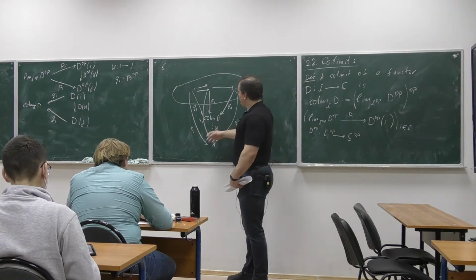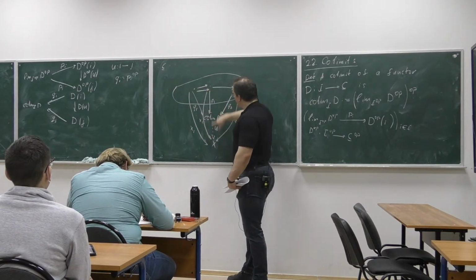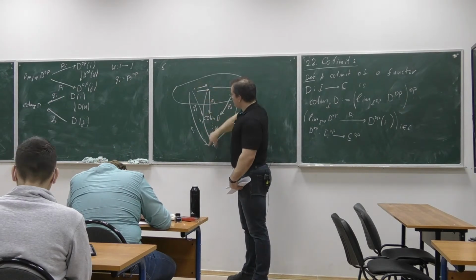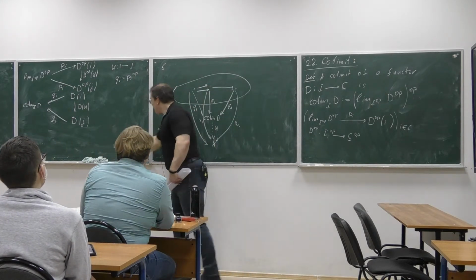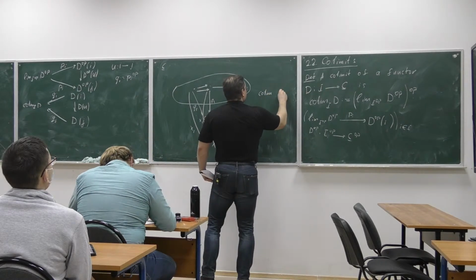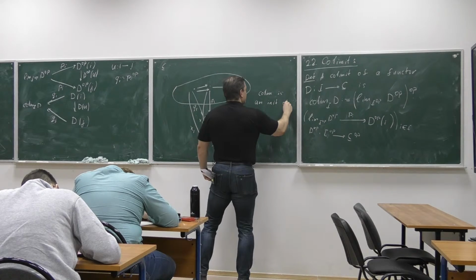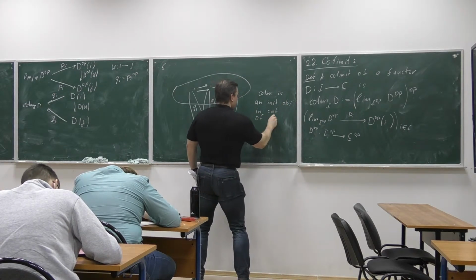And this data, when you have an object, maps to the object from the diagram, such that whenever you have a triangle, this triangle is commutative. This is sometimes called the co-cone. So co-limit is an initial object in the category of co-cones.